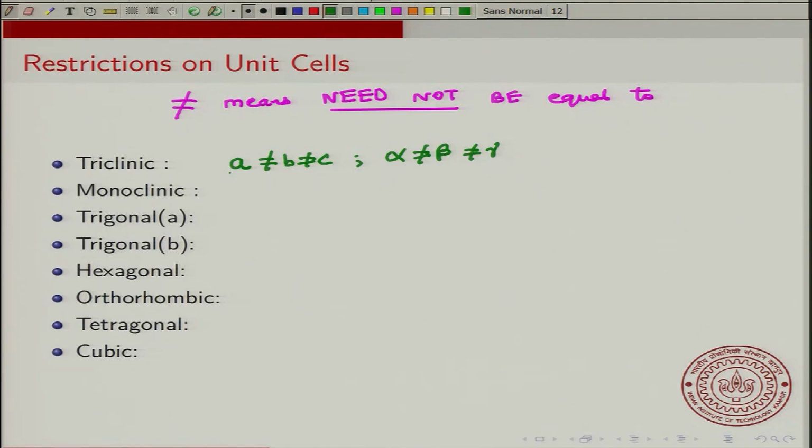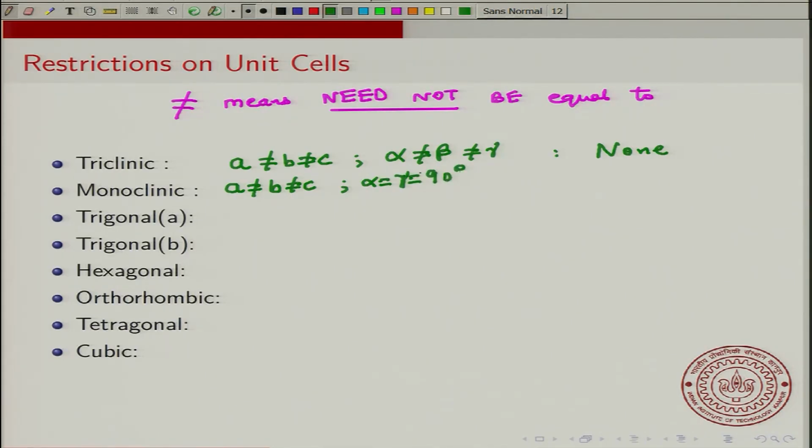What is important is the symmetry of the system. So for triclinic, what is important is the essential symmetry, and the essential symmetry is basically none, no essential symmetry. For a monoclinic, again A need not be equal to B, it need not be equal to C. However, you should have alpha equal to gamma equal to 90 degrees.